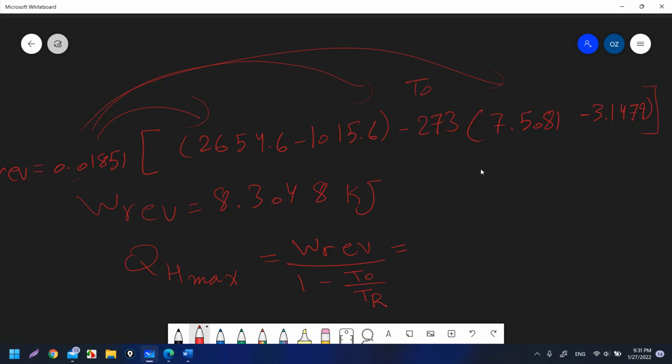So we calculate the reversible work is 8.3048, over 1 minus T naught, 273, over 294, which will give us 116.27 kilojoule. That is QH max. That is for this question.